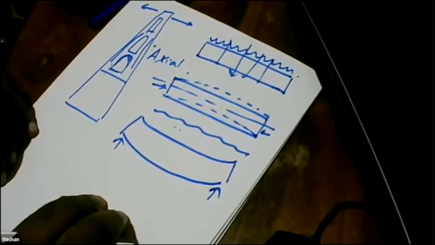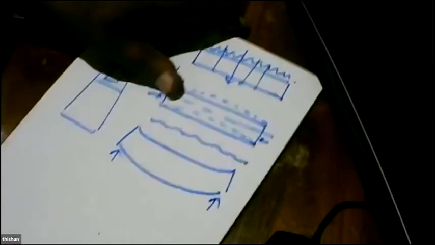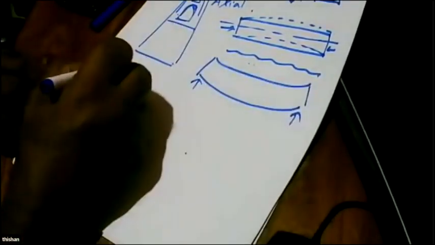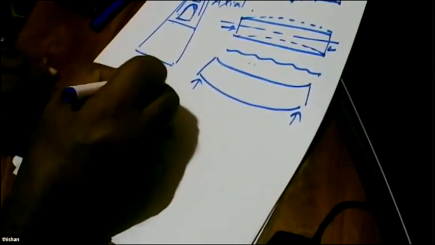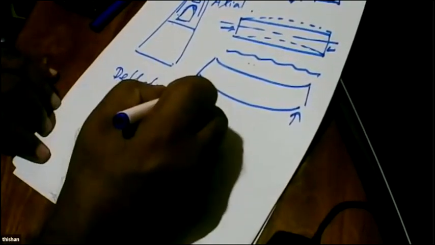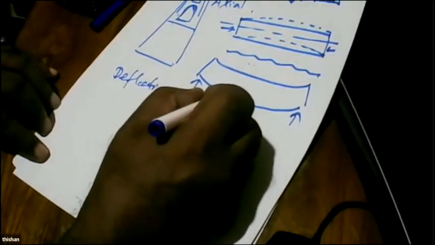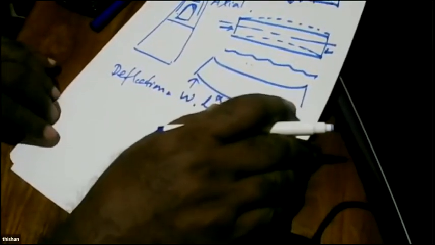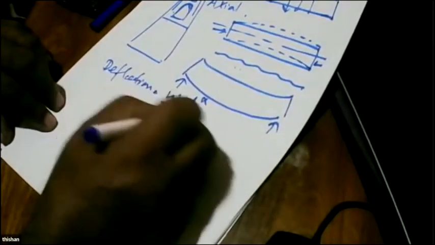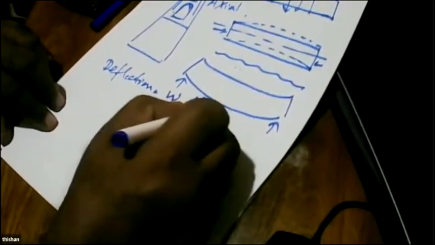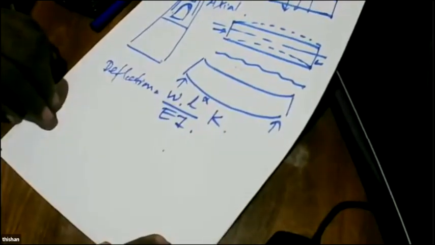So it's a very favorable situation because if you look at the deflection, it is due to vertical load W, and it will be a function of L to the power alpha depending on the type of loading, divided by E and the I value.